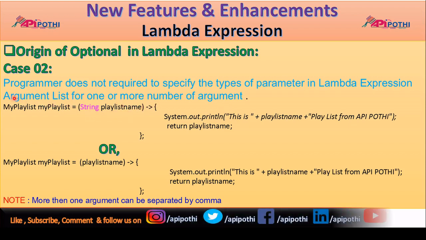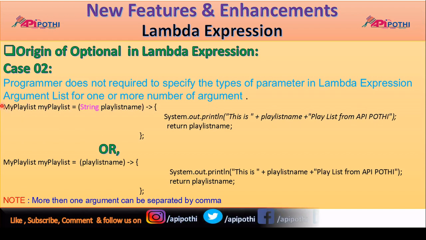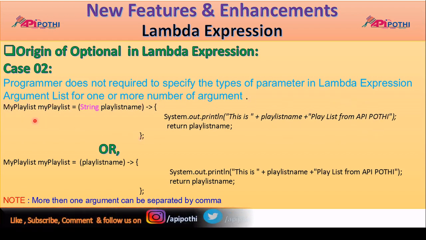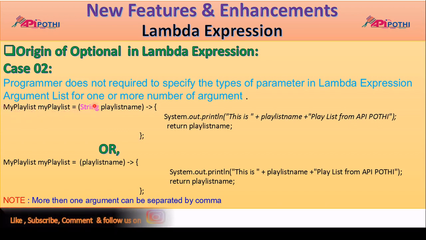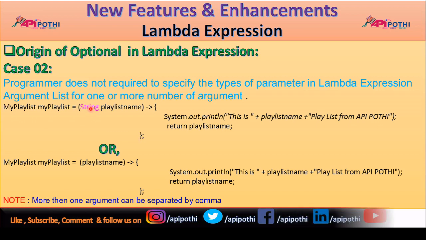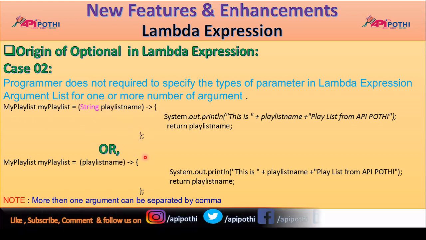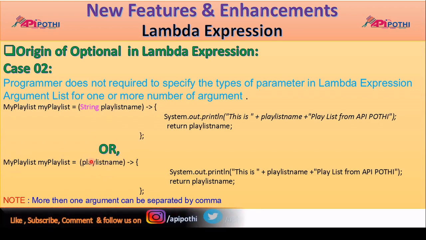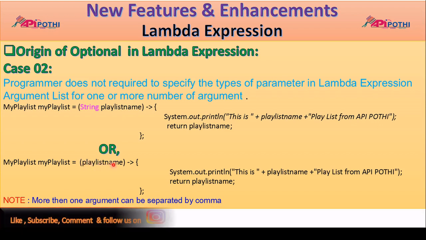So this is also a valid lambda expression. It doesn't have any problem, it will compile successfully and it is accepted. If you want to write String, Integer, anything, that is optional, meaning that you can replace the lambda expression with this one also.